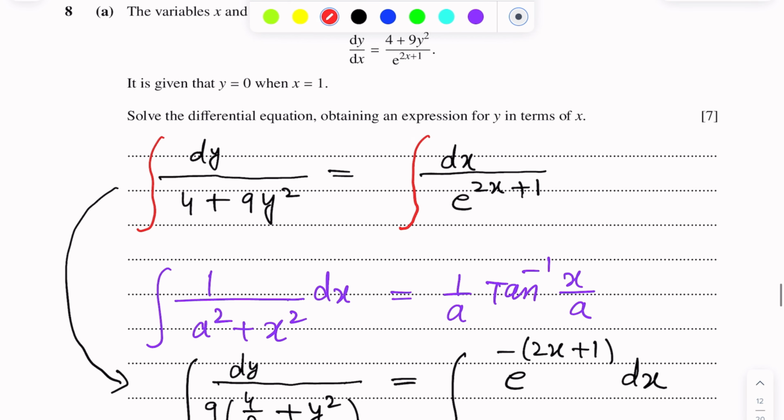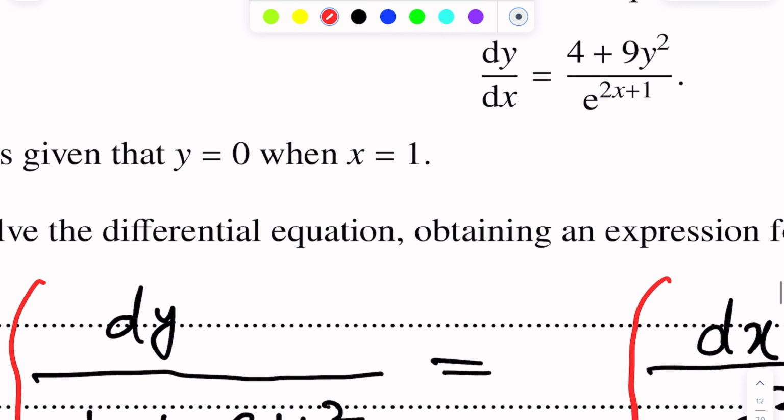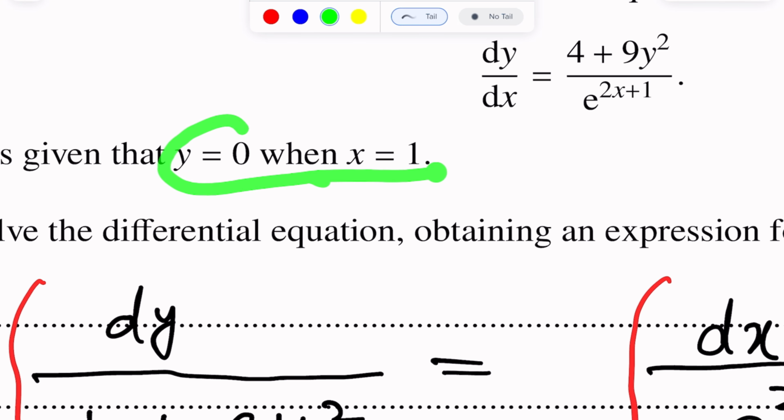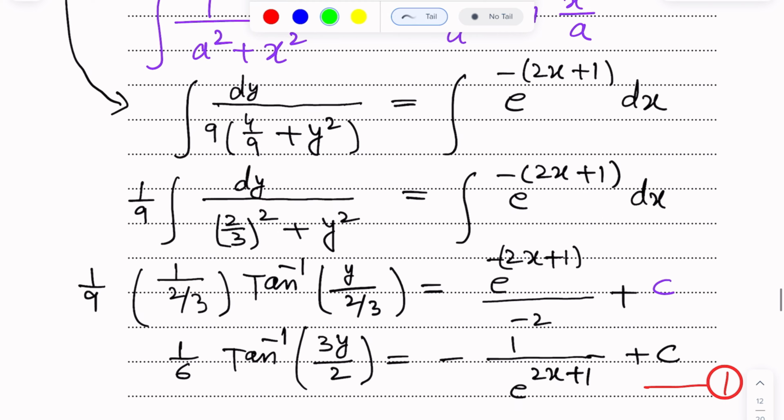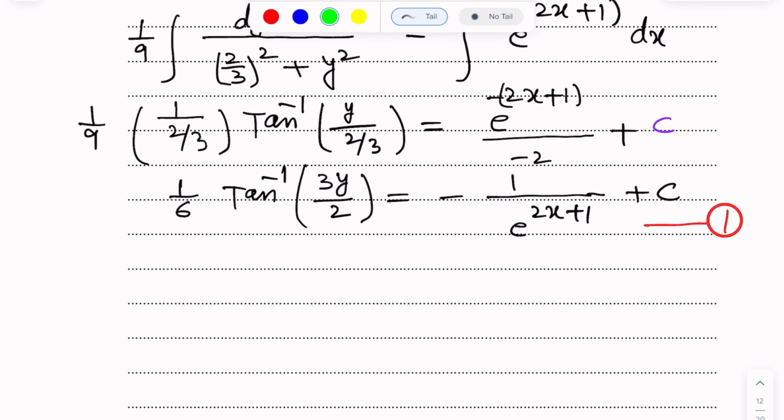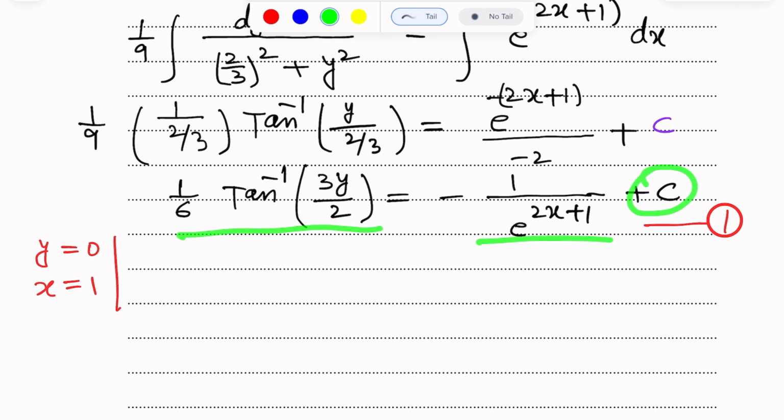Now initial conditions are given. When y is equal to 0, x is equal to 1, we are putting these values here to find the value of c from equation number 1.